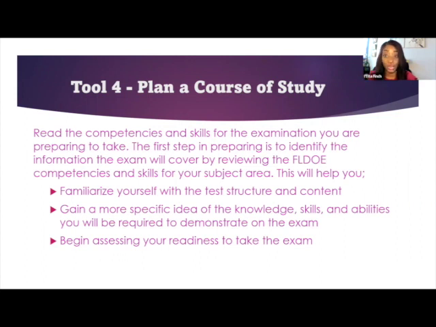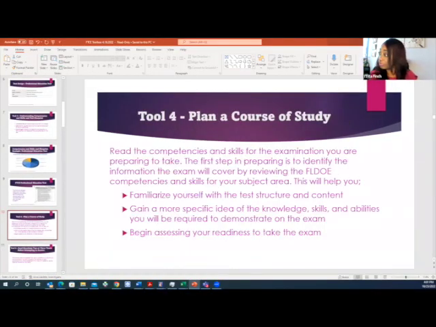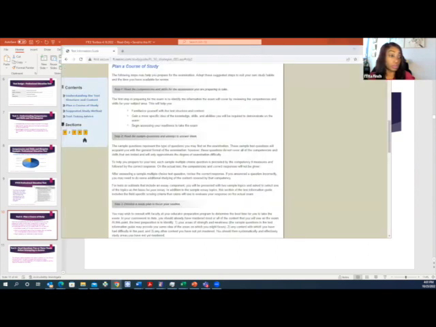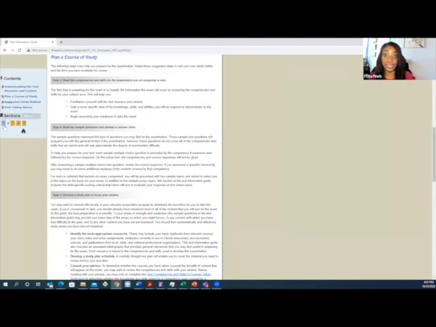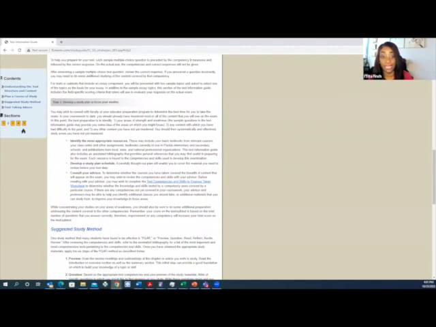Okay, so now we've already touched on this briefly. I want to go back to our web tool so we can actually see how we plan our course of study. They actually give us some tips there. So in section 2, we see that we have plan a course of study, and it takes you to how you should be planning to study.